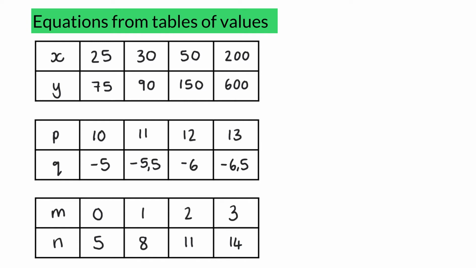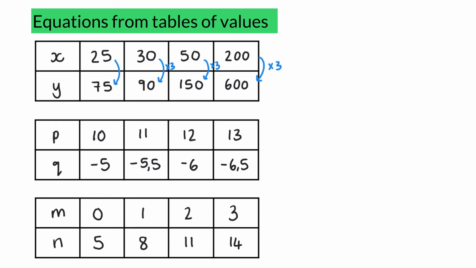Let's look at the first table. If I compare the values between x and y, in each case it seems that my top value is multiplied by 3. 200 times 3 is 600. 50 times 3 is 150. 30 times 3 is 90.